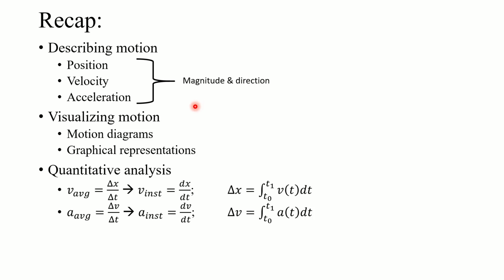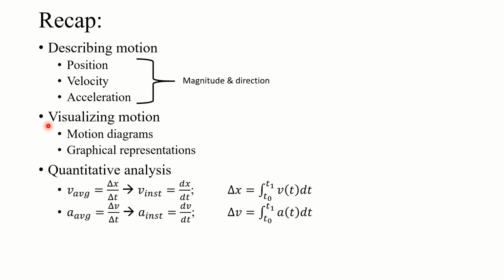For now, if you recall, in the one-dimensional motion we've been looking at so far, this direction was essentially the sign. So we could have positive or negative velocities. If we called, say, right, the positive direction in our coordinate system, a velocity to the right was positive, and a velocity to the left was negative. Likewise for acceleration or position.